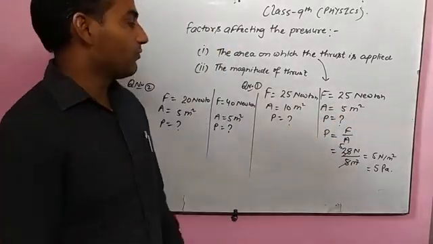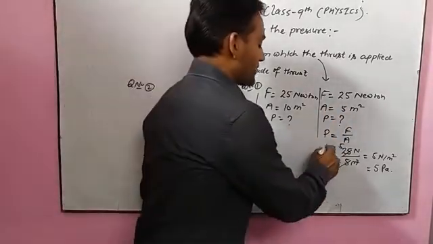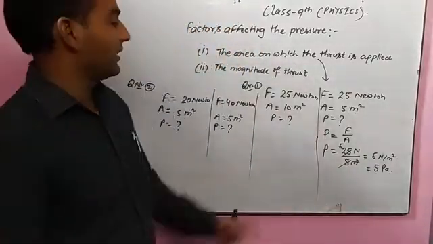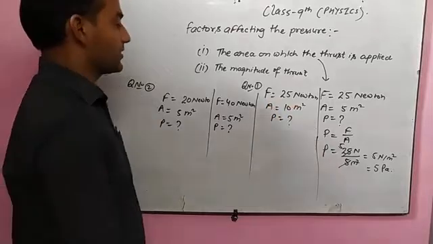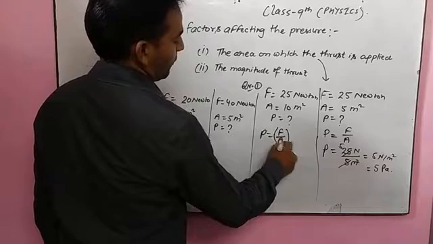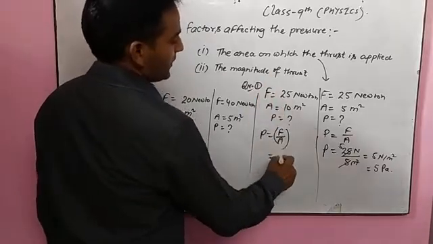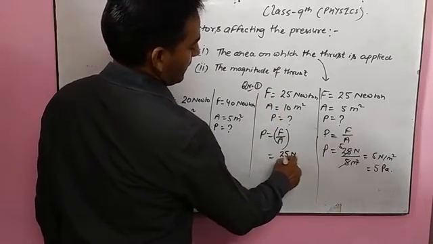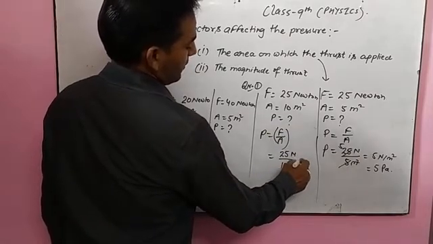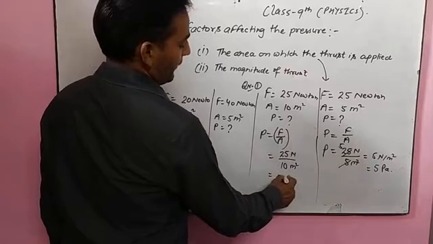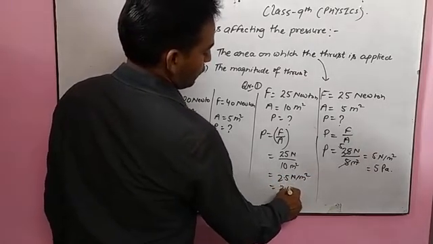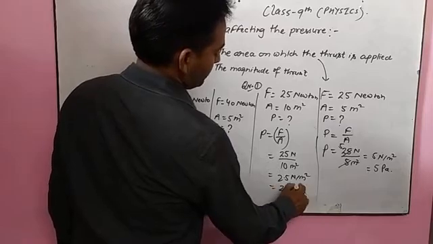Now let us check what pressure the same object exerts when the area is just double, 10 meter square. P is equal to thrust upon area. Thrust is the same 25 Newton, but now the area is 10 meter square. If I solve this, we find 2.5 Newton per meter square, that is 2.5 Pascal.